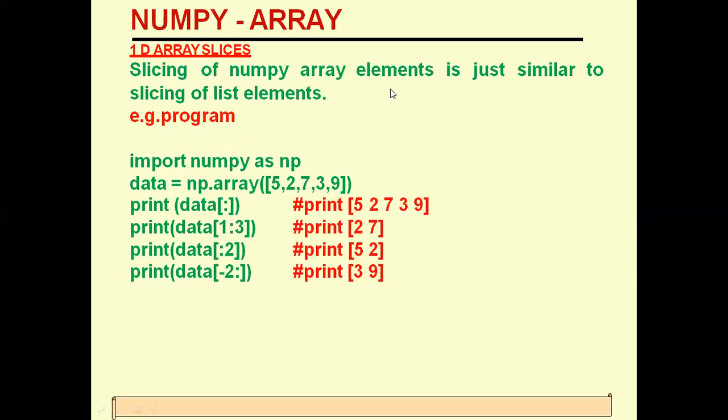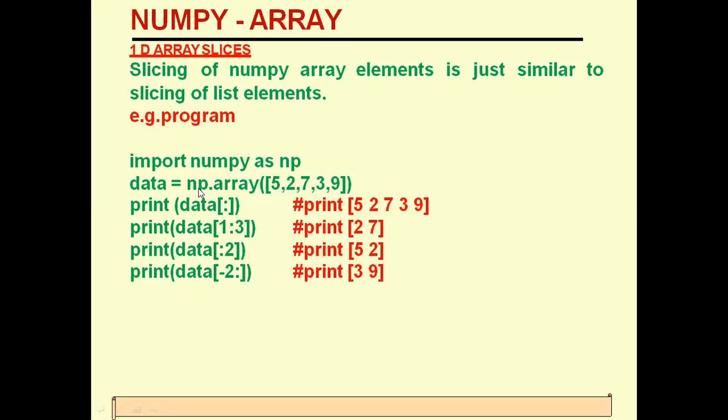Slicing also you can use. You have used slicing in a list or a string. Slicing on numpy array elements is just similar to slicing of list elements. See a program here: import numpy. This is importing numpy. data equal numpy dot array, and these are our elements: 5, 2, 7.